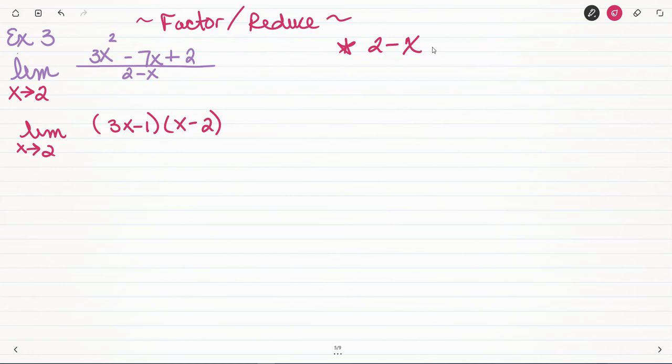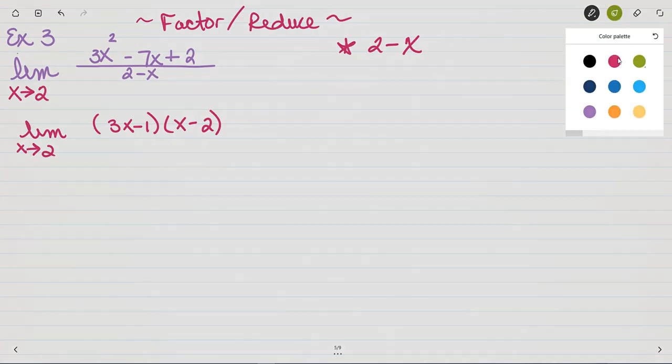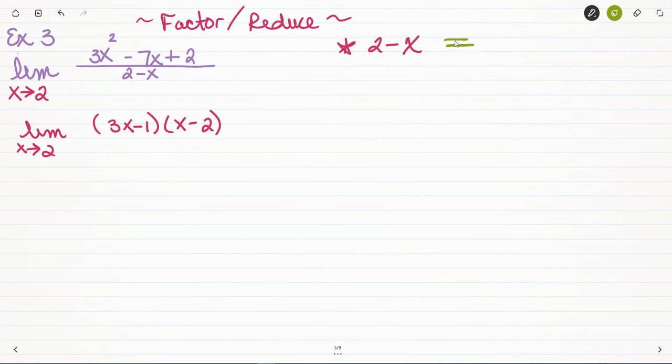The denominator, this 2 minus x, it's important to recognize that this is the opposite of the reverse. 2 minus x is equivalent to the opposite of x minus 2.